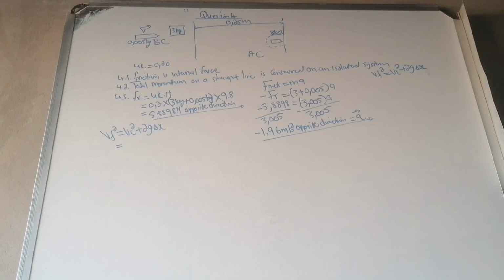What is it that they want? The velocity of the block after the bullet has been embedded in it. So that's what they want in 4.3.1. How do I approach this?